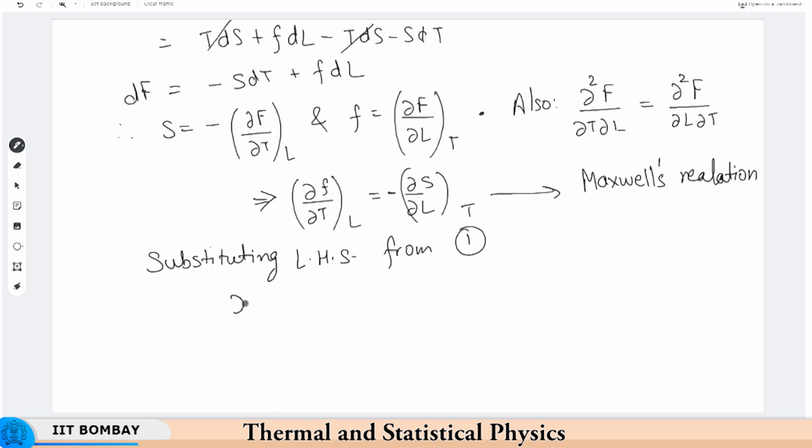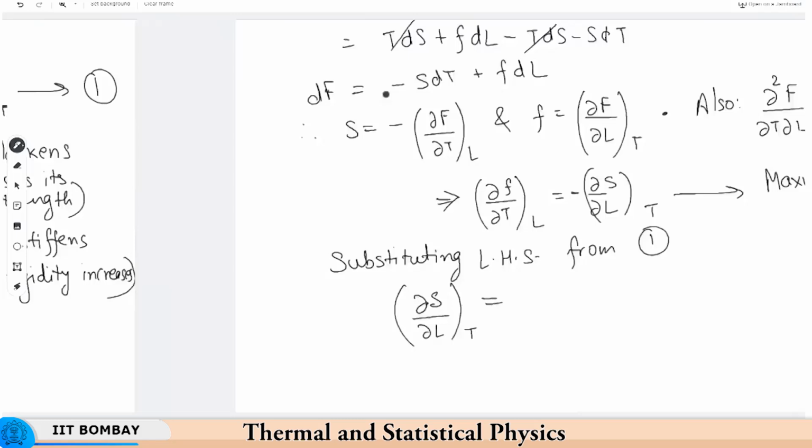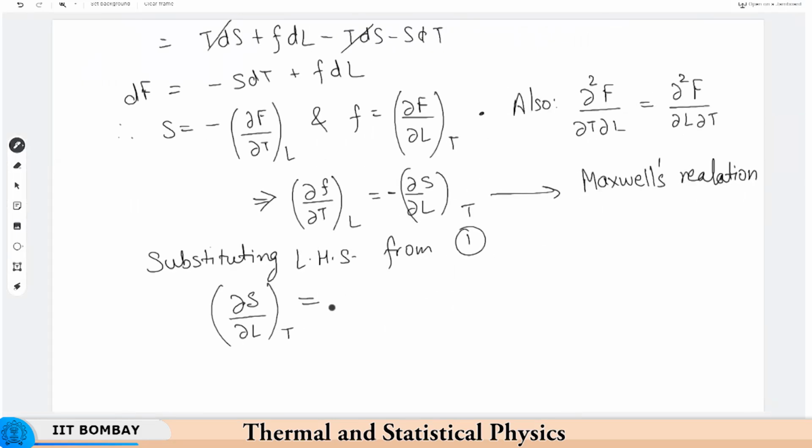We end up with del S by del L at constant temperature equals, since the negative sign cancels out, A times alpha f times E T times f. And this is an important result.